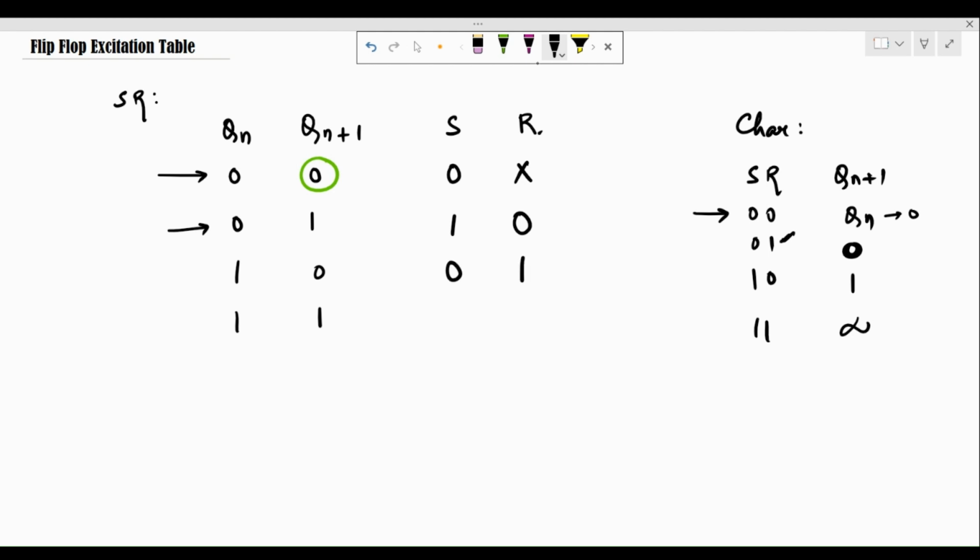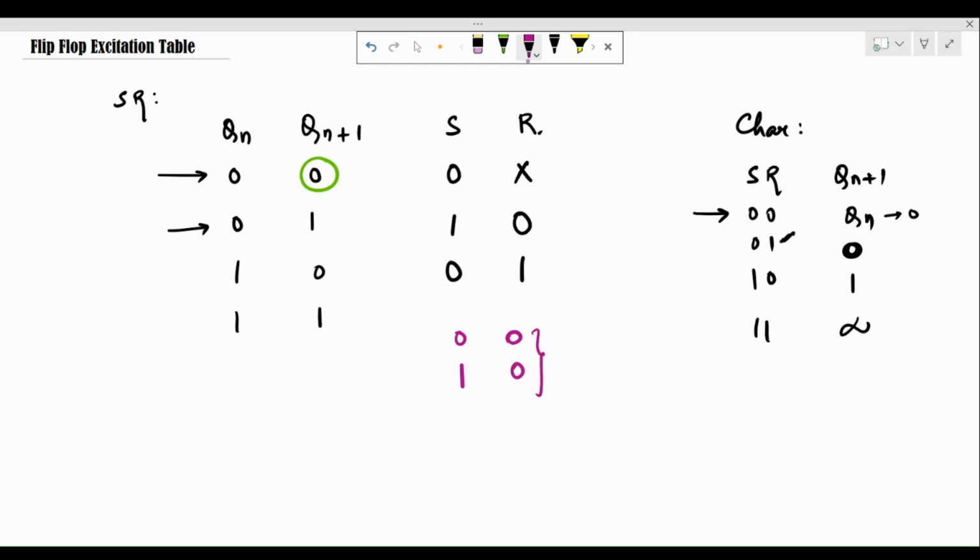That's possible only when the reset input is high. Now, the present state is 1 and the next state is also 1. That means either no change of state has occurred, which means the inputs to the flip flop could be 0 0, or since the next state is 1, it could mean that the set input was high and the reset input is low.